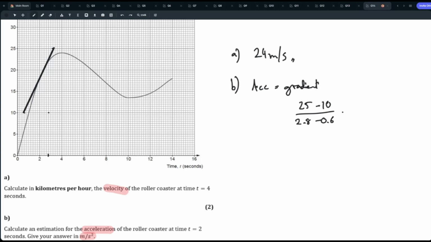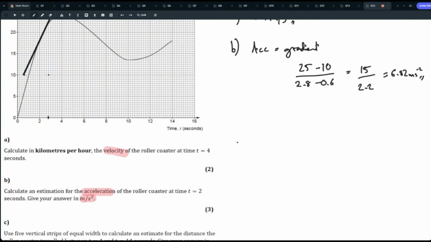So 2.8. So this will be 15 over, now let's work out what this is going to be. 2.8 take away 0.6 is going to be 2.2, and finally, working this out, that'll be 6.82 meters per second squared, and that's our final answer for part B.